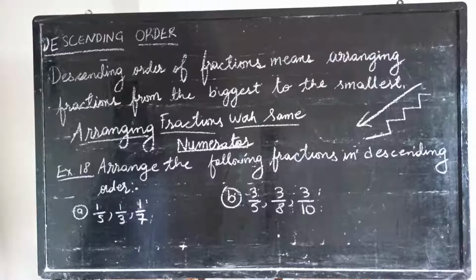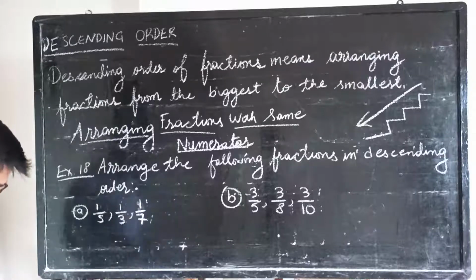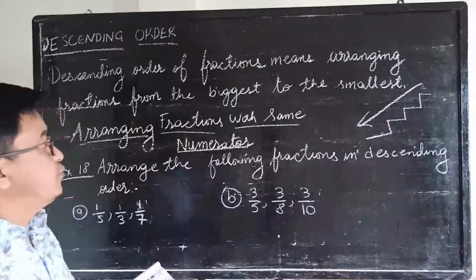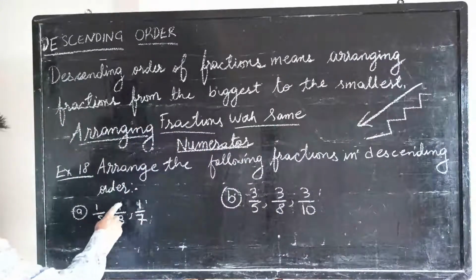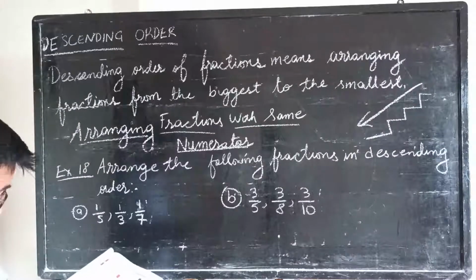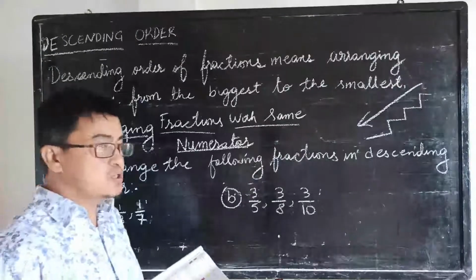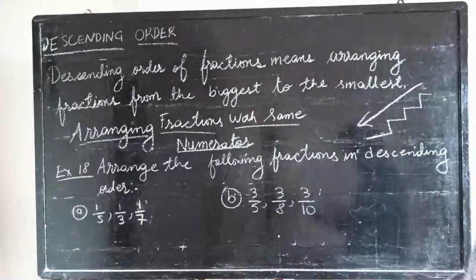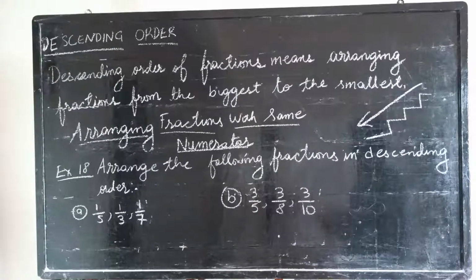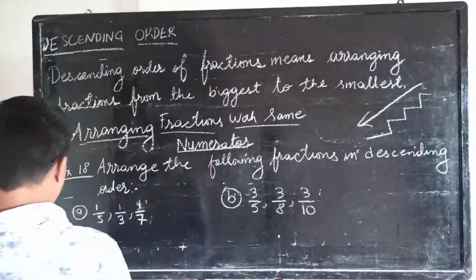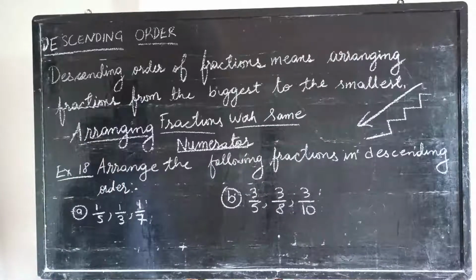We know that when the numerators are equal in all the fractions, the fraction with the biggest denominator is the smallest fraction, and the fraction with the smallest denominator is the biggest.